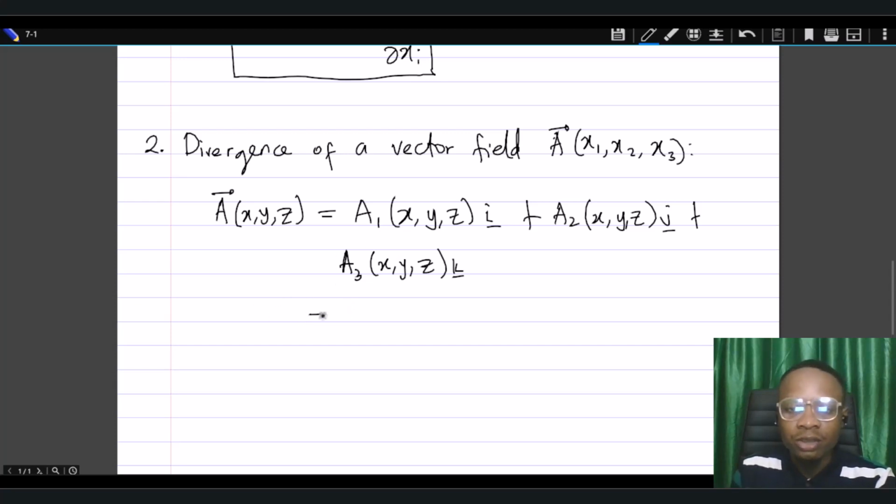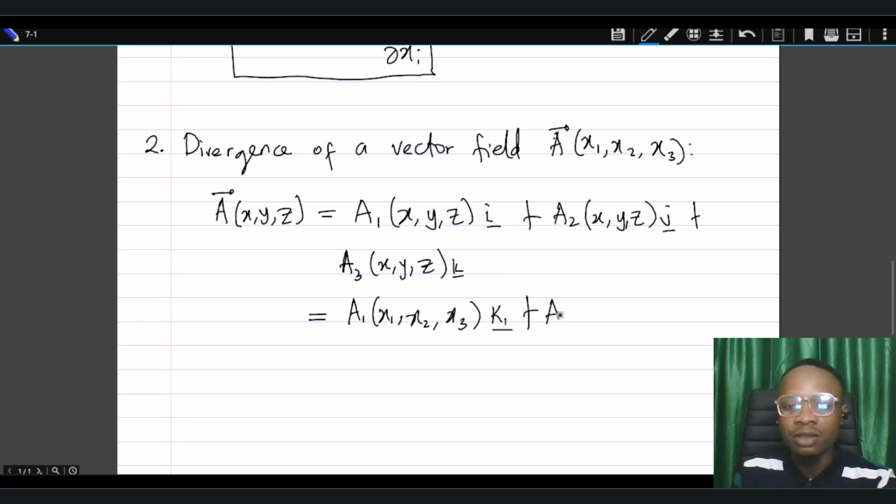Going forward, we can write these as A1 of x1 comma x2 comma x3. That is, we're using x1, x2, x3 in place of x, y, z. Instead of I, we can write K1.